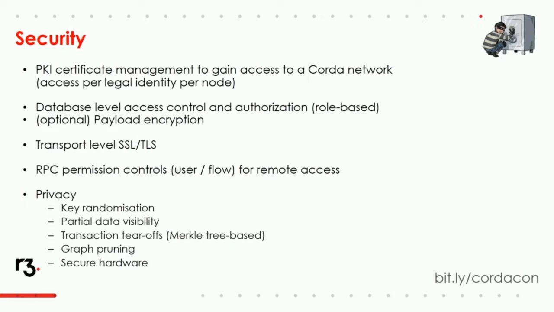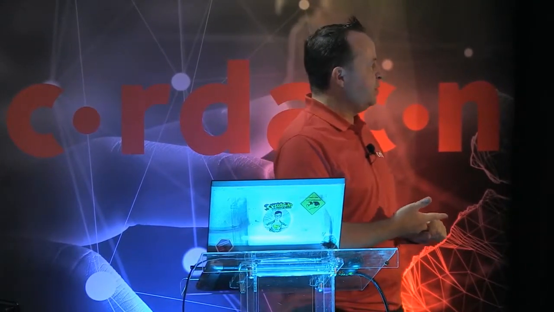Optionally, we can encrypt the payload. From a transport level perspective, all data on the wire is over TLS or SSL. Internal messaging within a node is using AMQP, which again is a wire protocol which is secured. For RPC access to any flow, you have to provide a username and password, and the flows themselves are permissioned. So you have to specify what flows you allow permission to execute on a node.